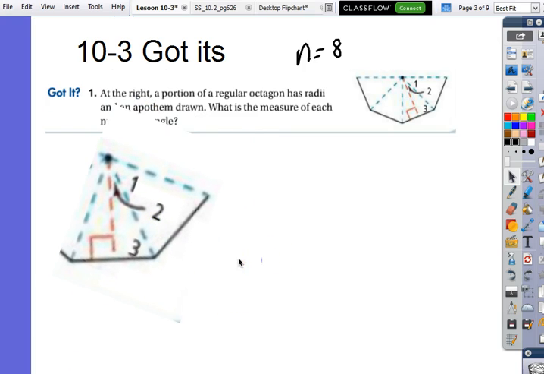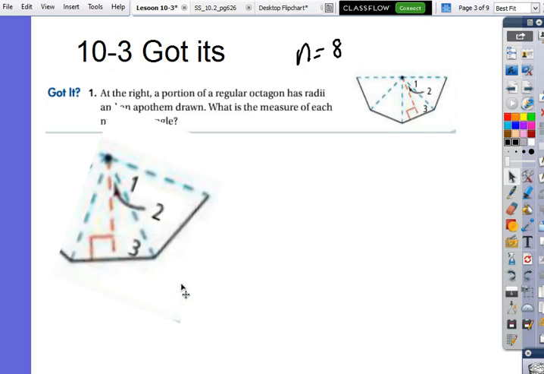I want you to find the angle between the radius and the apothem, the angle between the radius and the base, and the angle between two radii. By the way, the angle between the two radii is where you should start, and then angle 2 will be half of whatever 1 is, and then angle 3 will be half of the supplement of angle 2. Or actually, you could just do angle 2 plus angle 3 plus 90.